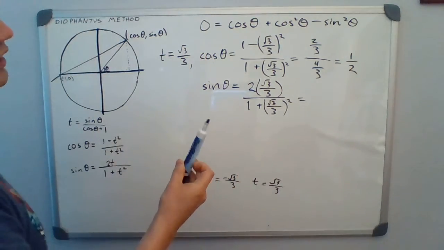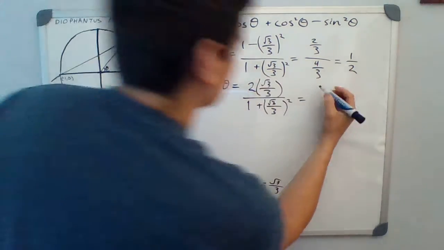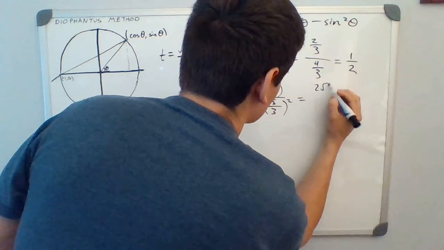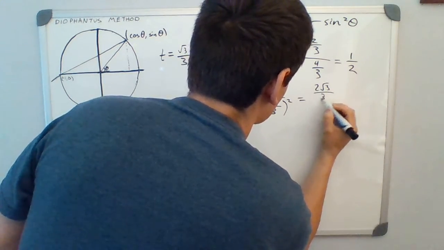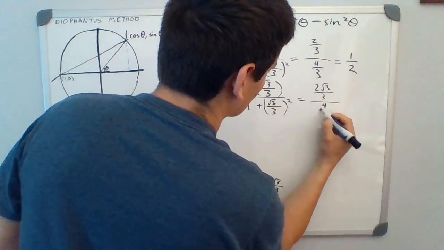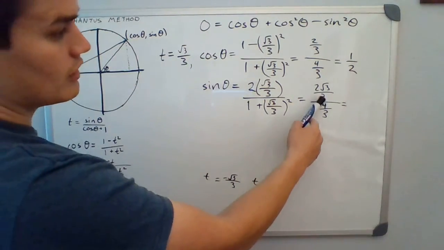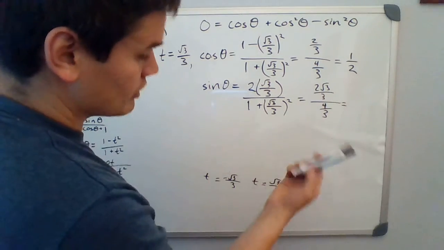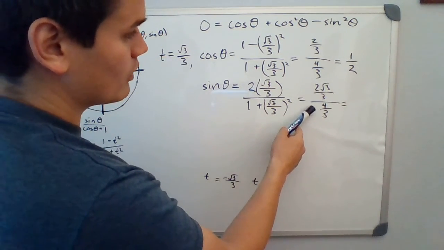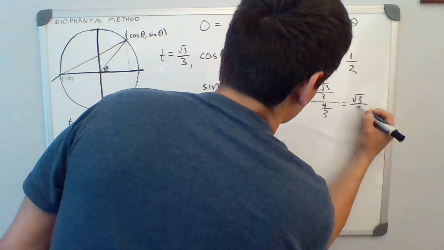So that's going to end up giving us 2 times the square root of 3 divided by 3 over, remember this was 4/3. Or in other words, the 1/3 divided by 1/3 is going to cancel, and then we have 2 divided by 4, so it's the square root of 3 divided by 2.